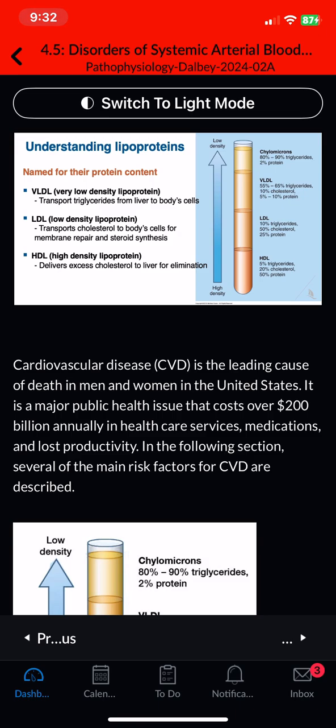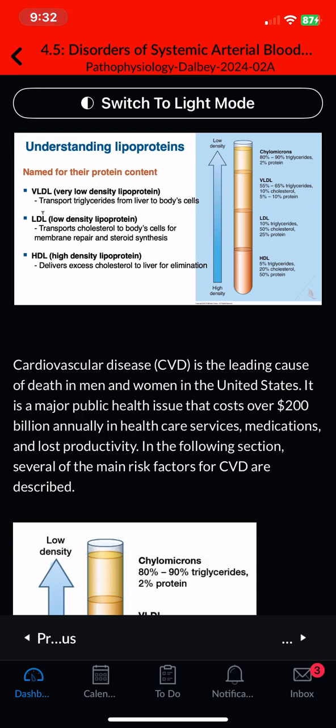These VLDLs are involved in transporting triglycerides from the liver to the body's cells. LDL stands for low density lipoprotein, and these have a high amount of cholesterol and more protein than the VLDLs. These are the main transporters for cholesterol to the body's cells.